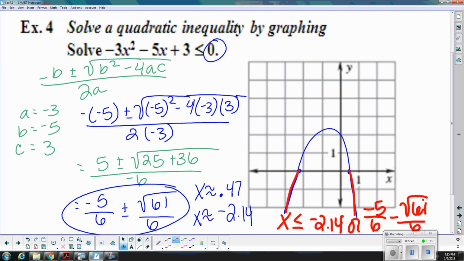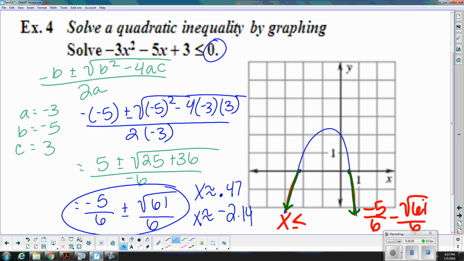So this is one part of our solution, and here's the other part of our solution. And although the graph may not be perfect, you don't have to graph the whole quadratic. So the graph lies on or below the x-axis when x is less than, and actually we should even put our decimal in our answer because that's just what we use to get an idea of where we graph this.